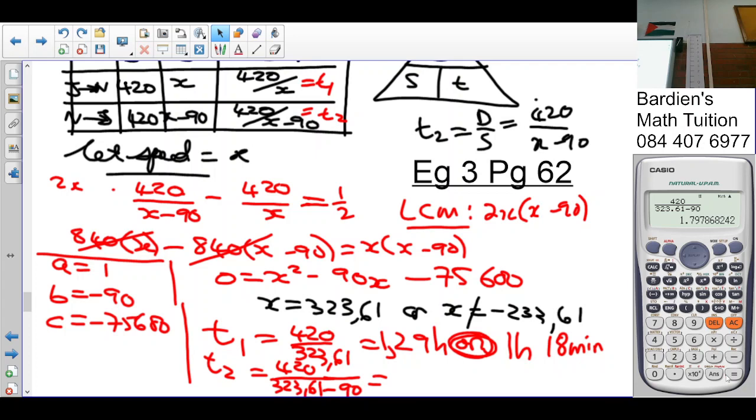Gives you 1,79 hours. Or it's going to be 1 hour. Take the hours away. So that's again a representative of 60 minutes. Multiply that by 60. Gives me an answer of 48 minutes. 1 hour and 48 minutes.